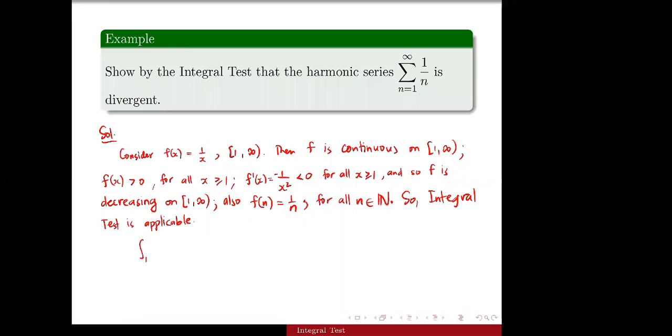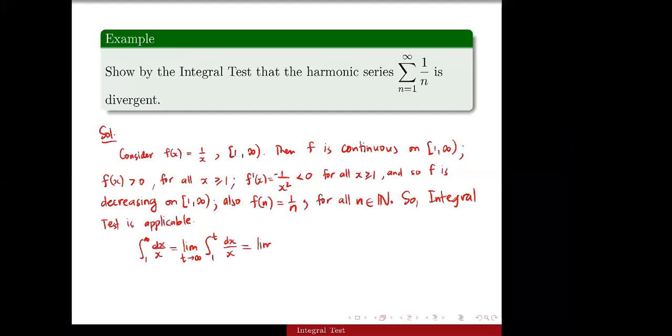The integral from 1 up to plus infinity of 1 over x dx is equal to the limit as t approaches plus infinity of the integral from 1 up to t of dx over x.